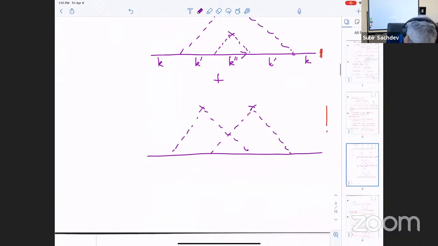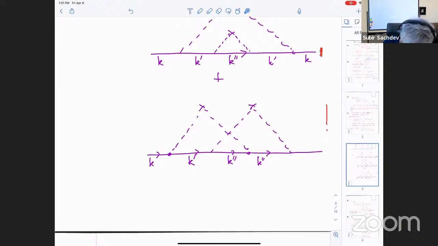So not anything interesting. But now here, life becomes more complicated. This is k, this is k prime, and now this is some other k double prime. And now here you have to conserve momentum from this vertex and that vertex going this way. So this has to be this k double prime coming in from here, and there's k minus k prime coming in from the dashed line.